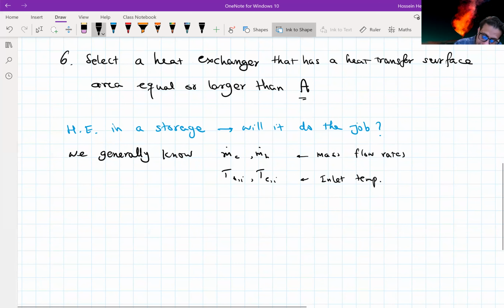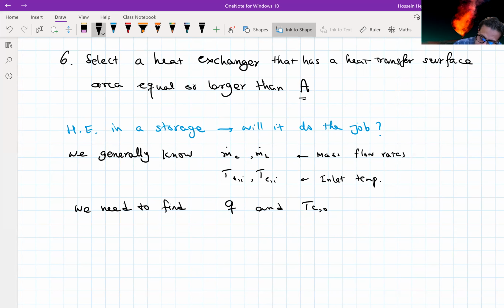And so we generally need to find Q, T c,out, the cold stream outlet, and T h,out. So these are the unknowns that we have.